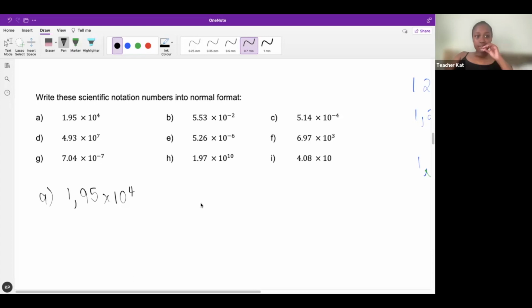How many times? Look at your exponents, guys. There we go, 4 times. But do we have 4 numbers to move to the right?